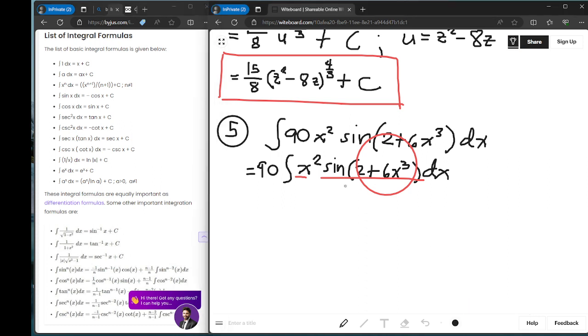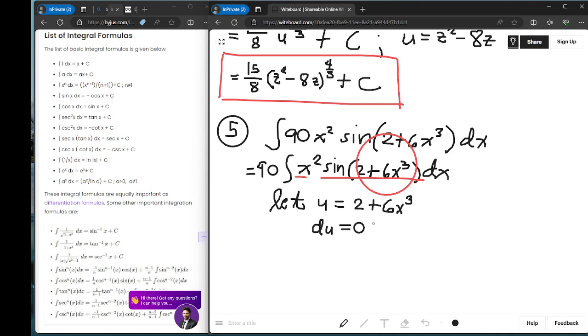not an integral of an x multiplied by sine x. It would give us a hint again. Let's just verify if the assumption is correct. So if we let u be equal to 2 plus 6x cubed, then if we get the derivative of u, that would be du.